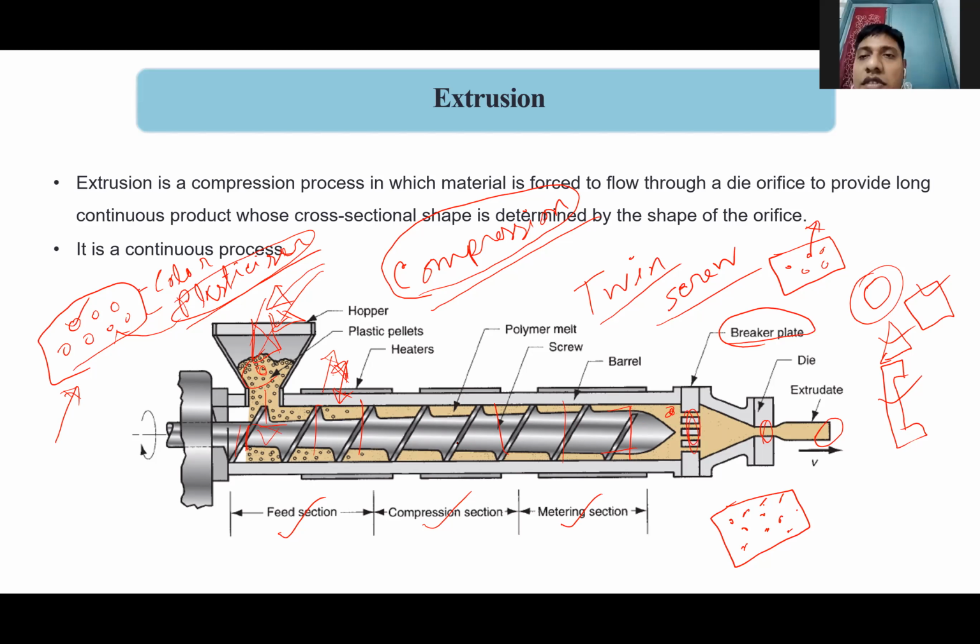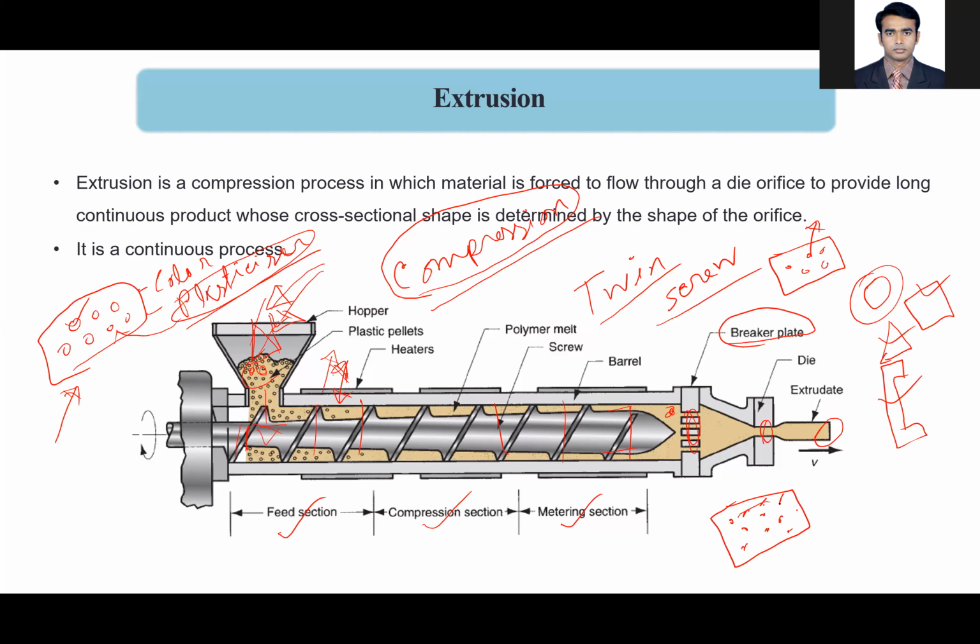It is necessary to keep this mesh in here, because sometimes due to the rotation of the screw, melting is not uniform. In that case, there can be some foreign particles with the resins, and those foreign particles should not go into the product, and that's why this mesh is used. It screens the unmelted products that did not melt properly.